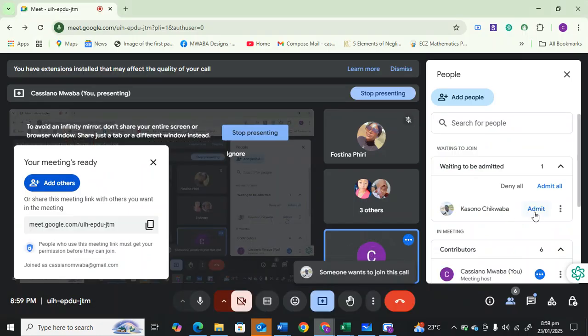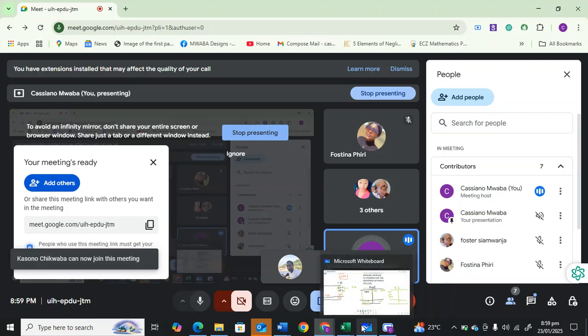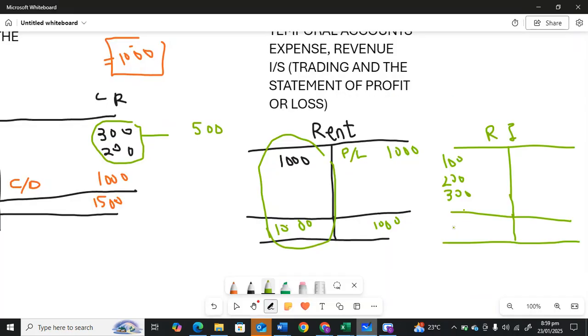So that 600 total is the one that's going to go on the debit side of the trial balance. And remember, to close this account, you just post to the opposite side. So in this case, we'll post to the credit side 600 here. 600 minus 600, 0.